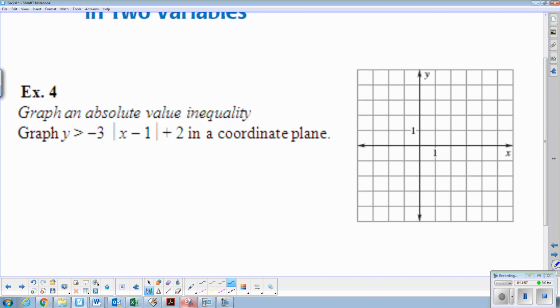So those were linear inequalities, but now let's look at graphing an absolute value inequality.